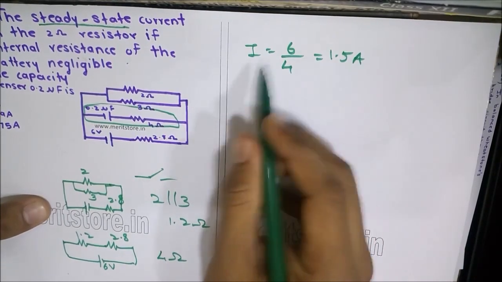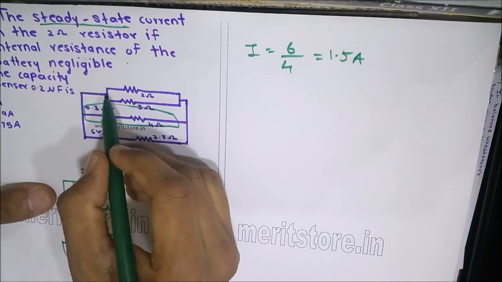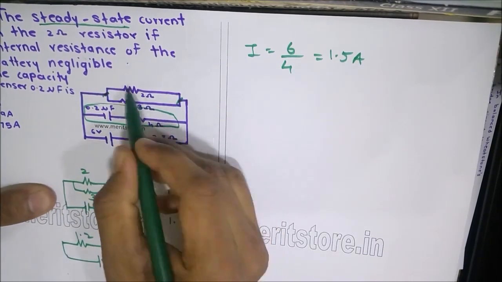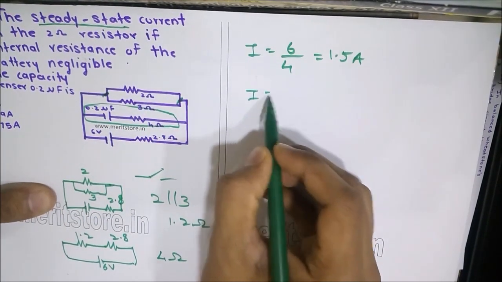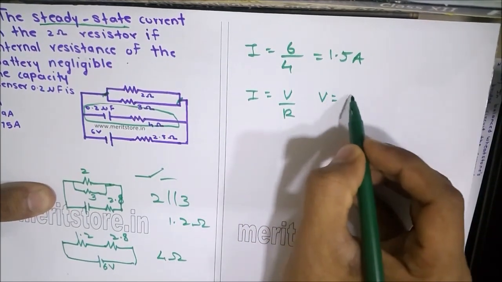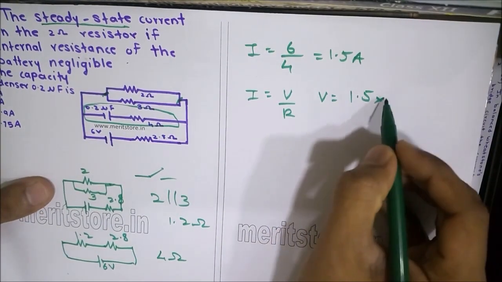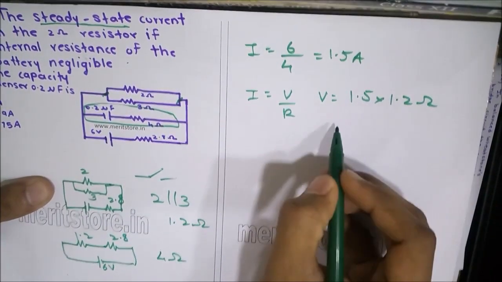Now since the current flowing through the entire circuit is 1.5 amperes, let us find the potential difference across the parallel arms. So I equals V upon R. So V equals current I into the effective resistance of the parallel arms, which is 1.2 ohms.